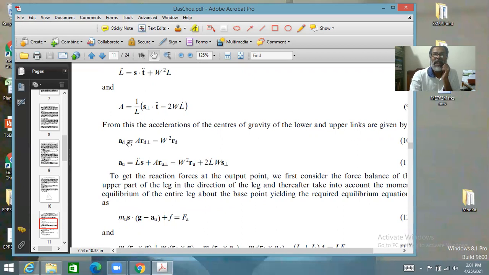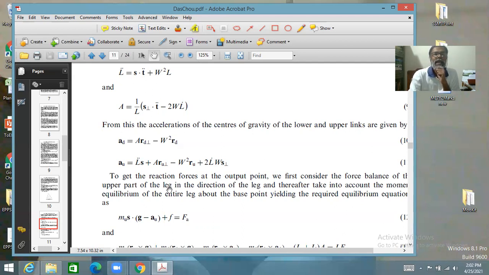So its acceleration we get like this, and similarly the upper part, for that the acceleration of the CG we get like this, and in that notice that L double dot will come into picture because the intermediate sliding acceleration of the joint will come into picture.